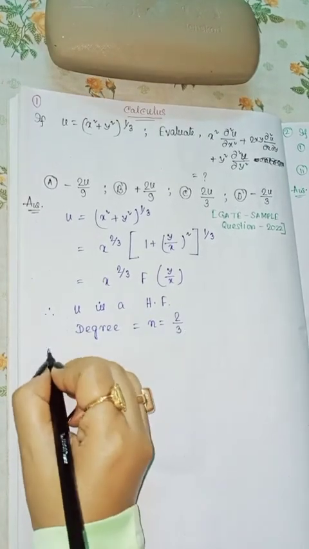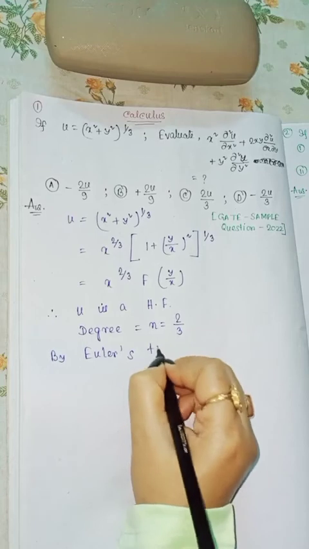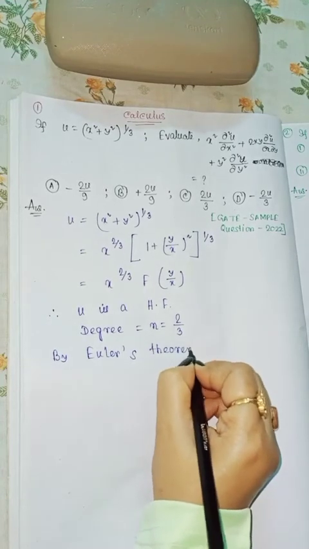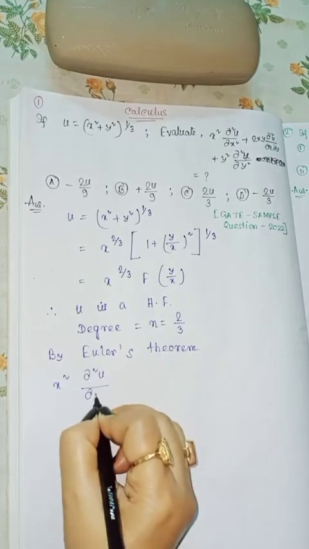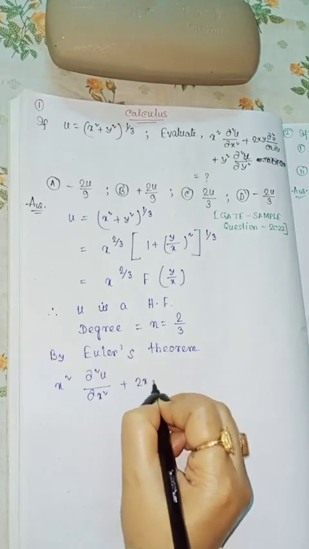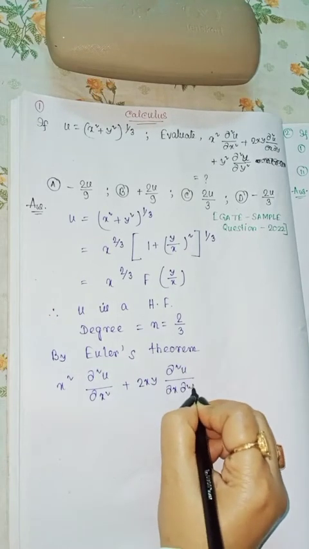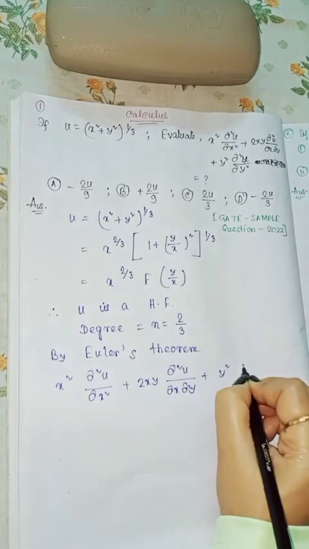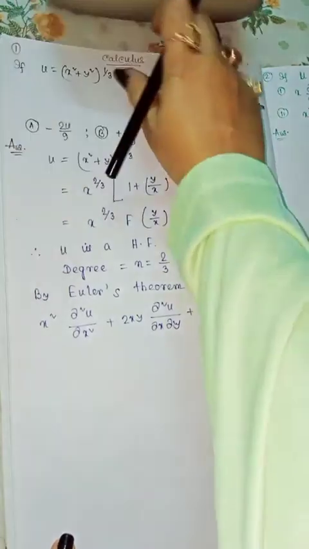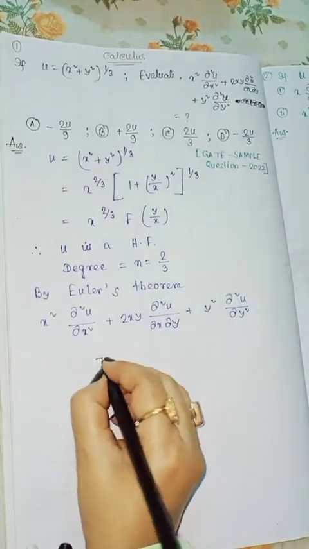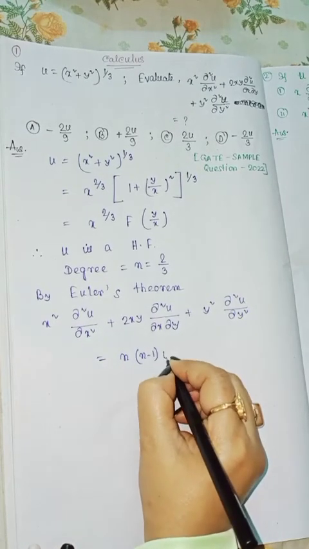So by Euler's theorem, we may write x square del 2u del x square plus twice xy del 2u del x del y plus y square del 2u del y square is equal to n into n minus 1 into u.